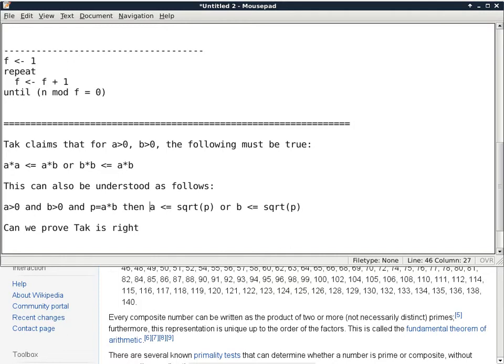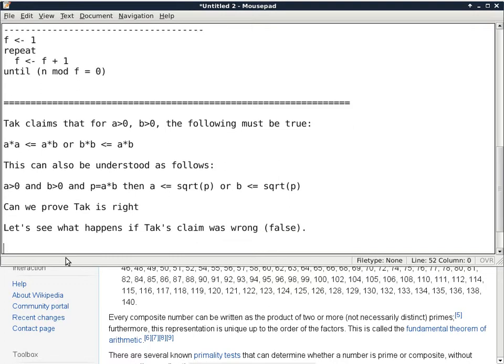That's what proof by contradiction starts with. So we'll say, let's see what happens if the claim was wrong. In this case, wrong means false. This particular implication part is wrong.